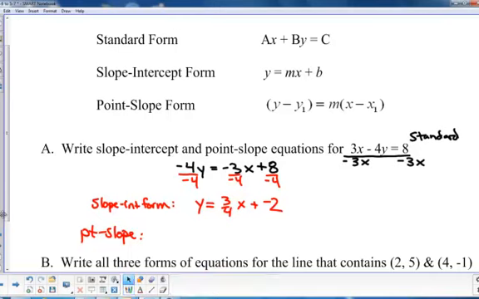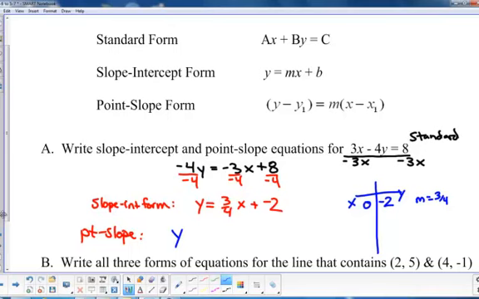So if you make a table, if you plug 0 in, you get negative 2. That's really the only point you need, because we know that our slope is 3/4. So this is our x, and this is our y. So y minus negative 2 equals m times x minus x.